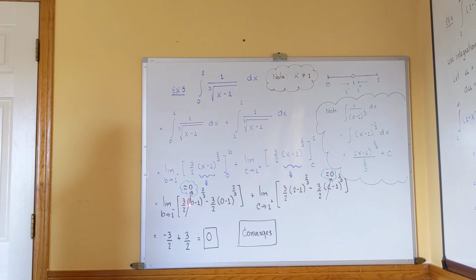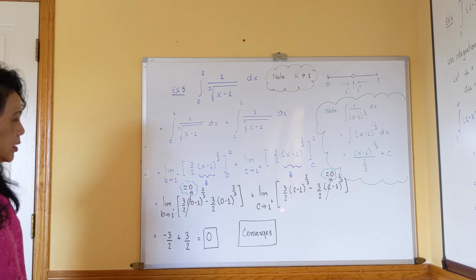As b gets close to 1 from the left, this whole thing is approximately 0. So you're going to have 0 for the first term, minus 3/2 times negative 1 to the 2/3. So for the first term, you're going to have negative 3/2 because this is going to turn to 1.